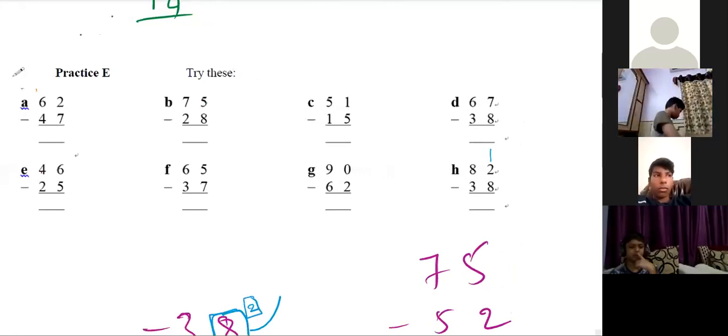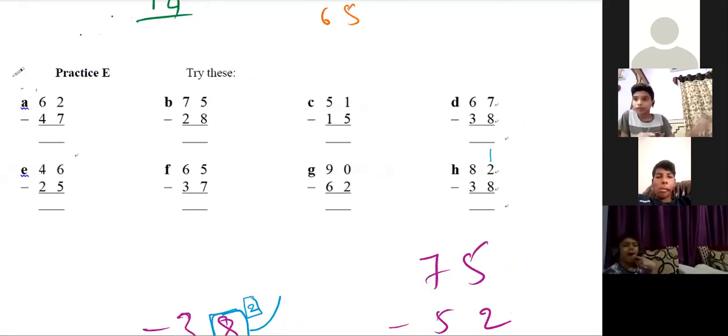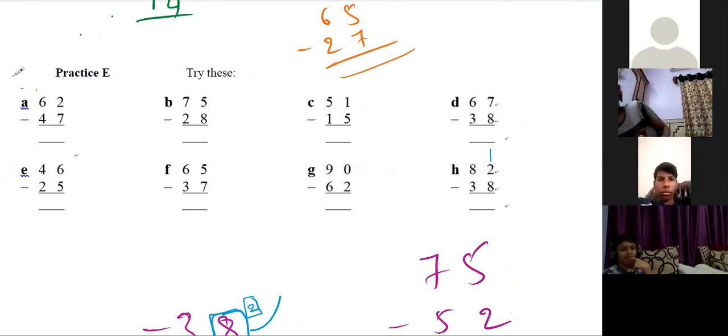Ashwath, don't mute. Just respond. Yes, sir. Any number, 65 minus 27. Tell me. First column, what is the result?